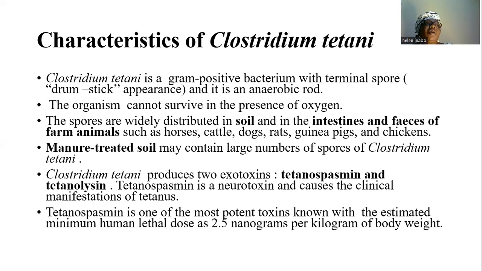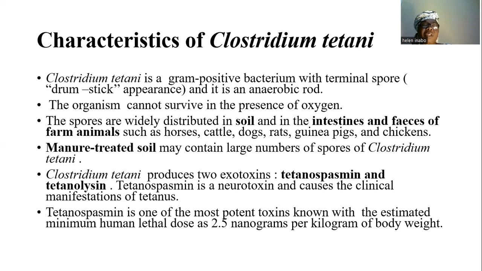The spores of Clostridium tetani are widely distributed in the soil, in the intestine and feces of farm animals such as horses, cattle, and chickens. Also, the manure-treated soil contains very large numbers of spores of Clostridium tetani. Clostridium tetani is known to produce two exotoxins, tetanospermine and tetanolysin.